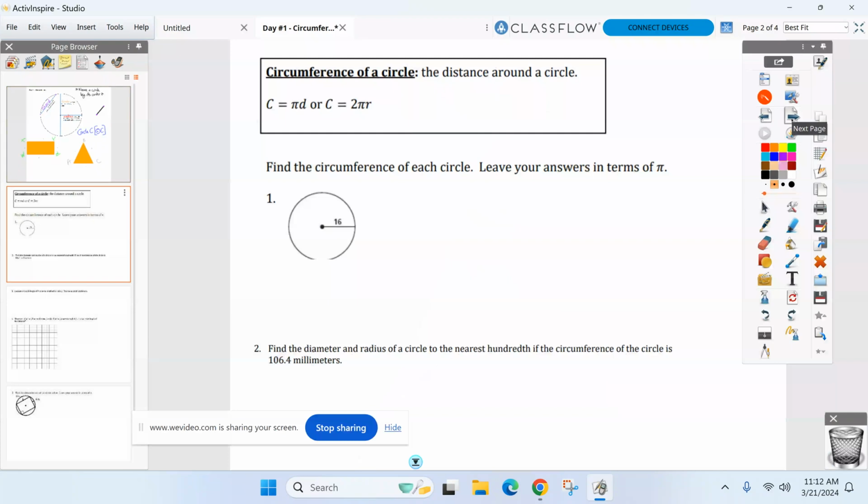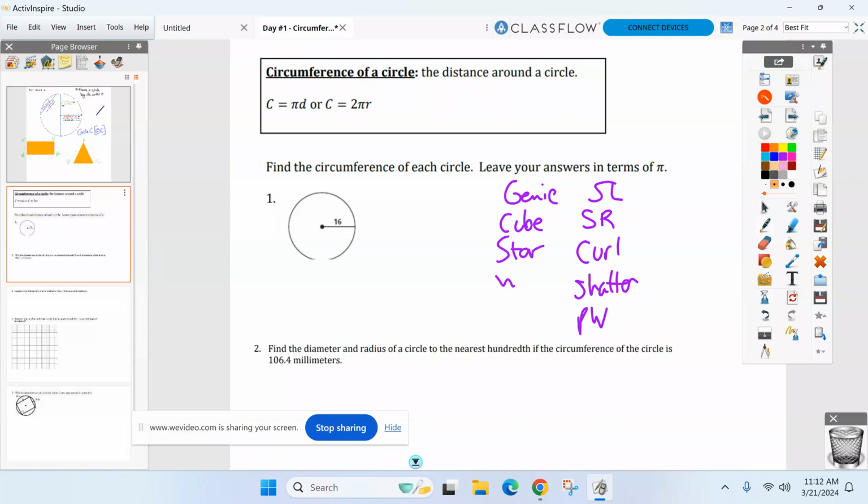And then I get this. Slide left, slide right. I don't need to wait anymore. Page curls. Pinwheels. Genie. Cube. Star. Buck.